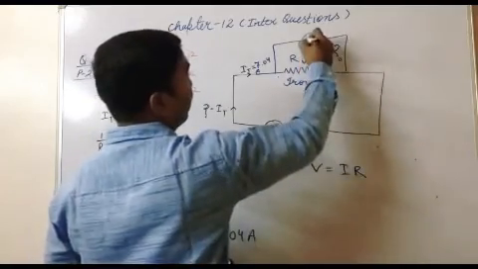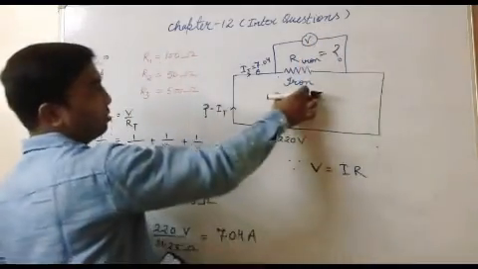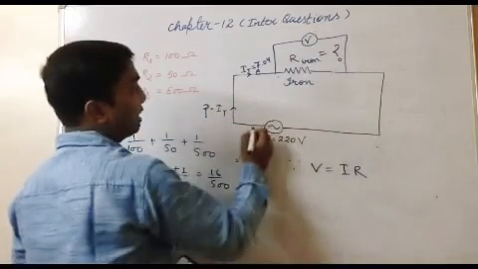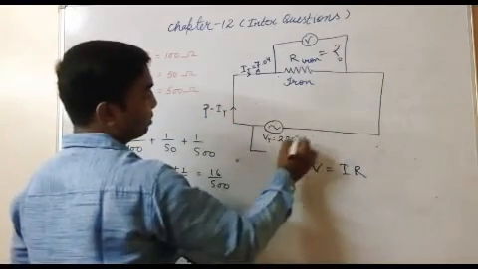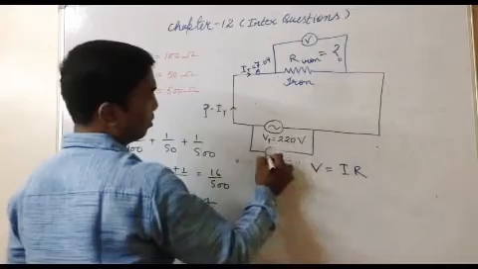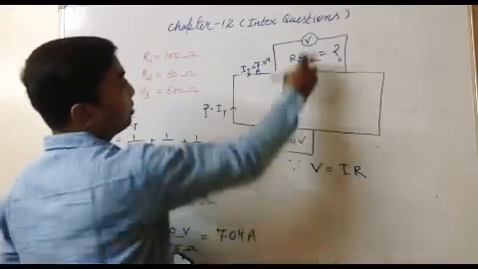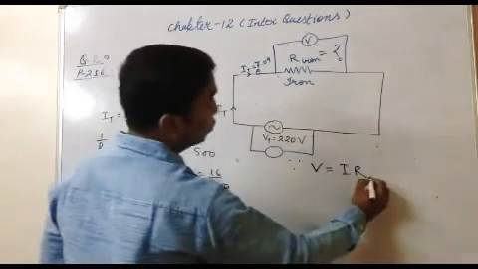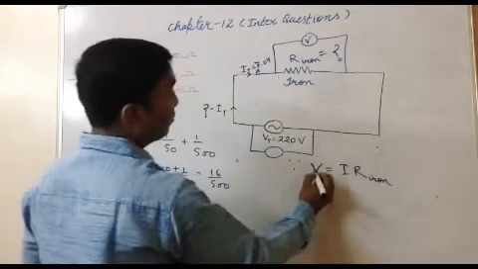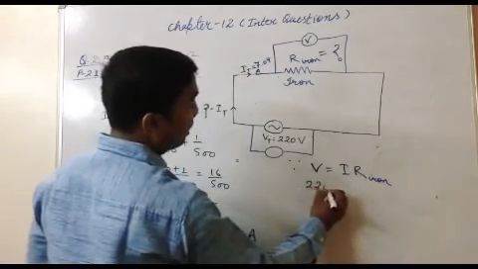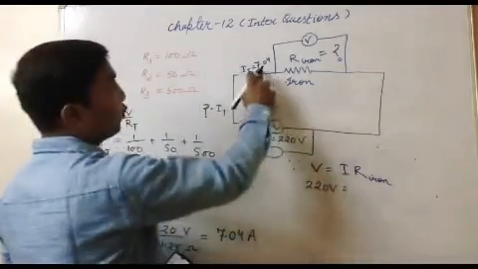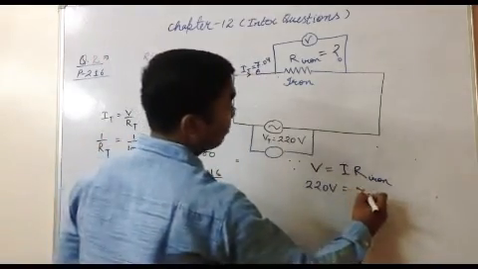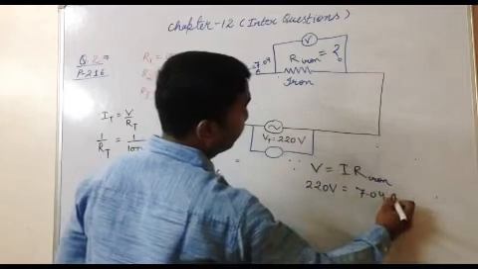This technique, beta, we have already discussed many times. We know the potential difference; this and these are the same thing. Here we already know V, and we know I, so we'll have R of iron. V is 220 volt. What current is flowing in the circuit? 7.04 ampere.